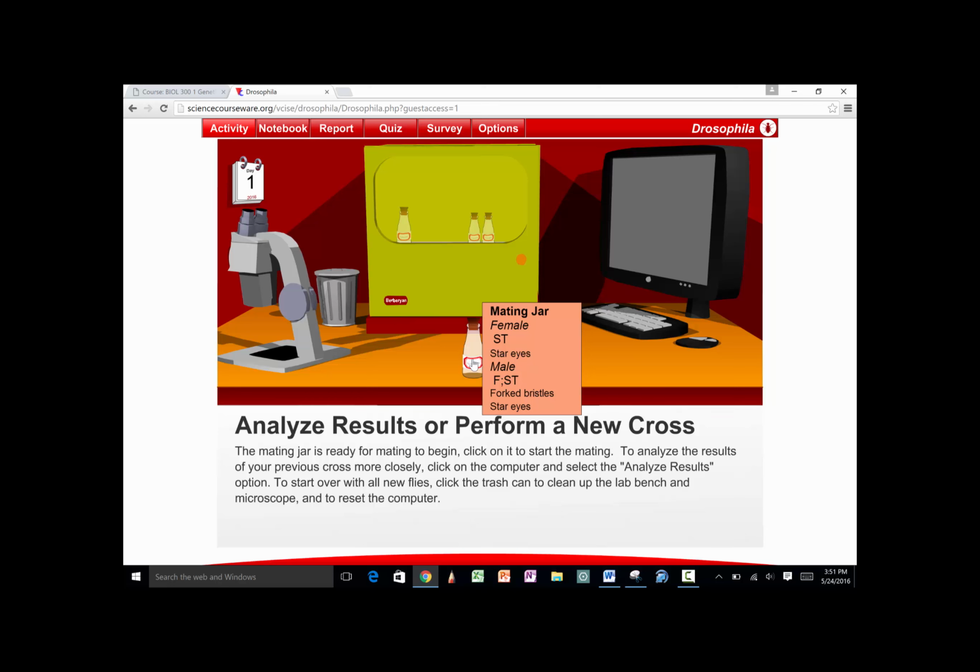We should get 1/2 and 1/2, 1/2 wild type, 1/2 forked. So we should get 2/6 star, 2/6 star forked. We should get 1/6 wild type and 1/6 forked.